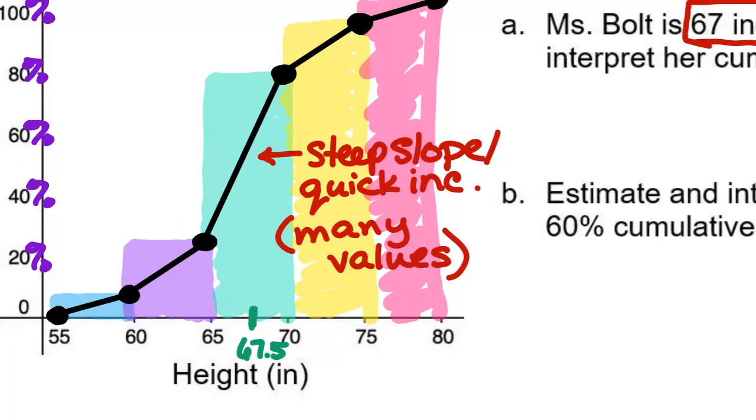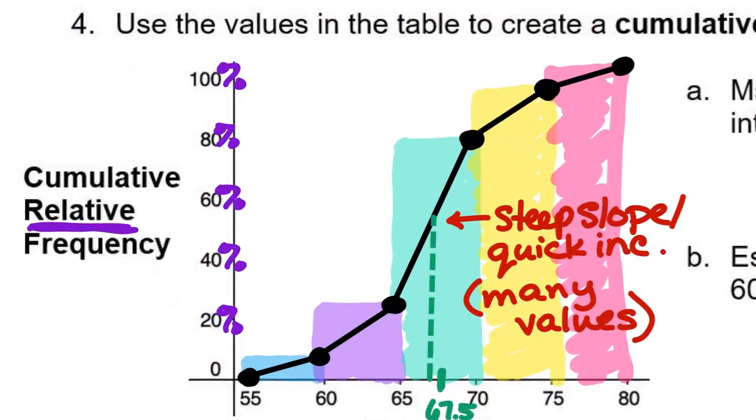So I'm going to follow this up until I hit that cumulative relative frequency graph, making this as straight as I can. And then from there, I'm going to follow it over to where I can read that percentage. Looks like it's falling at right about 50%, right?